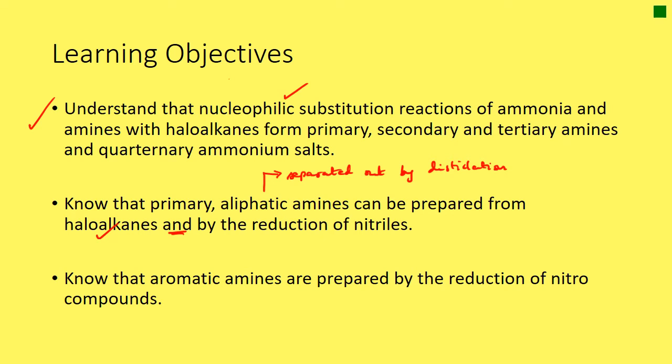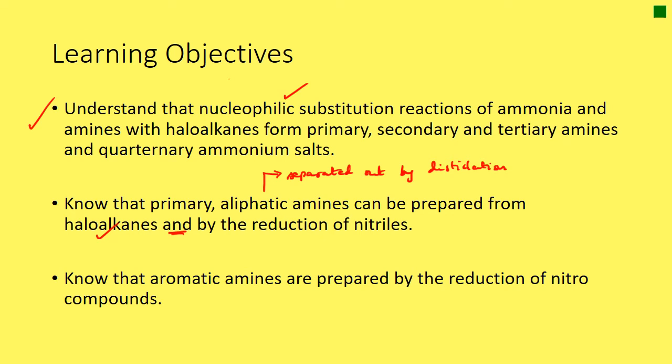So in this process we've done the first bit, we've done the haloalkanes preparation of primary aliphatic amines, and if you remember, the primary aliphatic amines have to be separated out by distillation, because you not only get primary ones, but you get secondary, tertiary and quaternary ammonium salts.